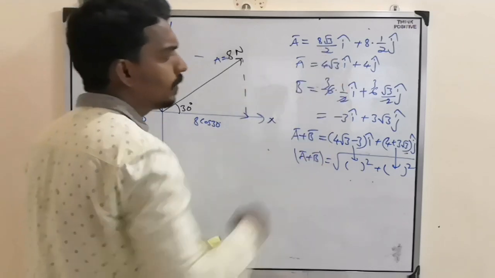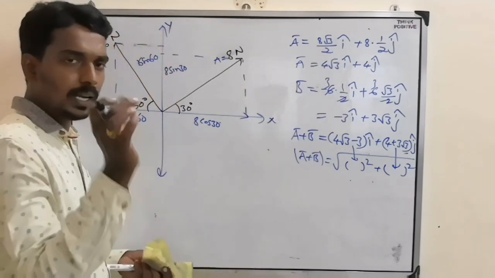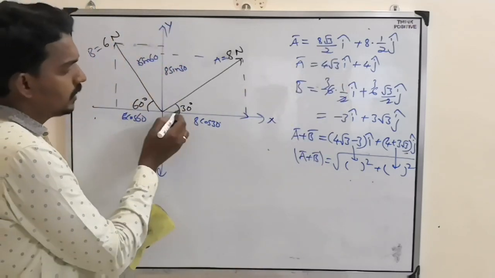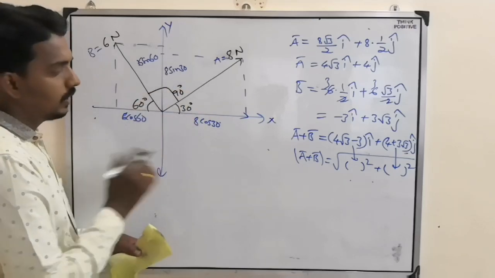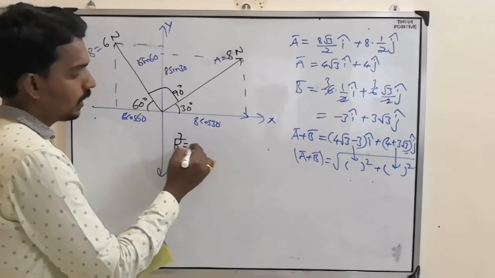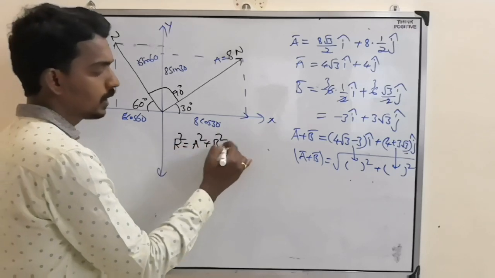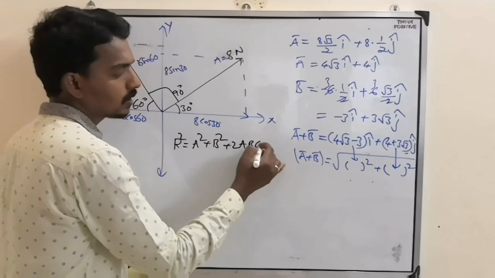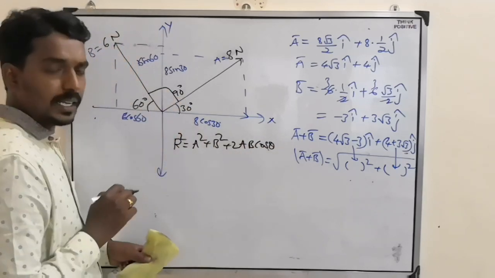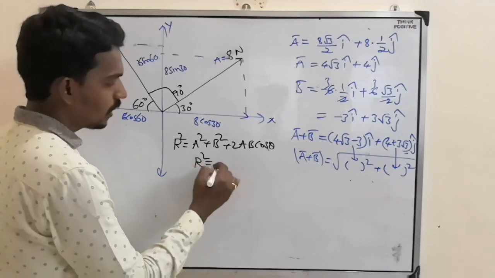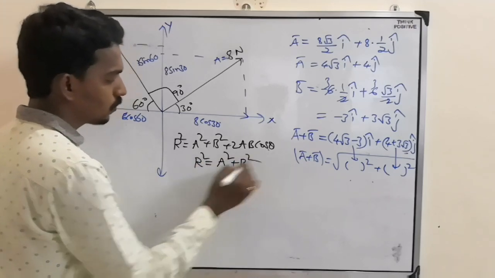But this is becoming very lengthy. But I will tell you, see here. So this is 30, this is 60, then this is 90. Then R square equals A square plus B square plus 2AB cos theta, because you know the angle between them. Theta is 90. Already we have studied. Then R square equals A square plus B square.